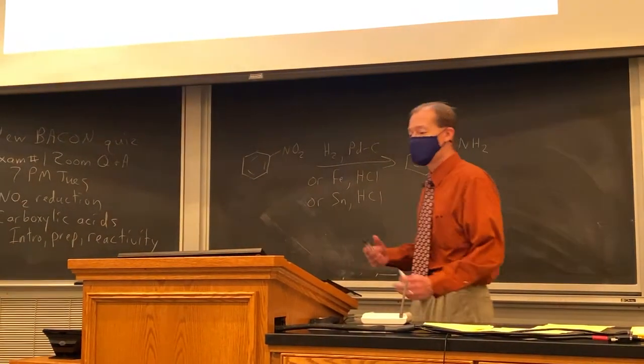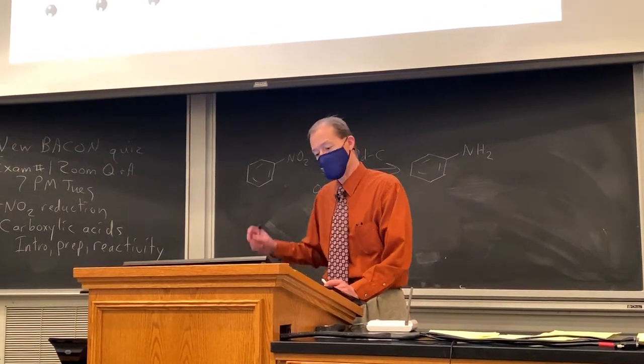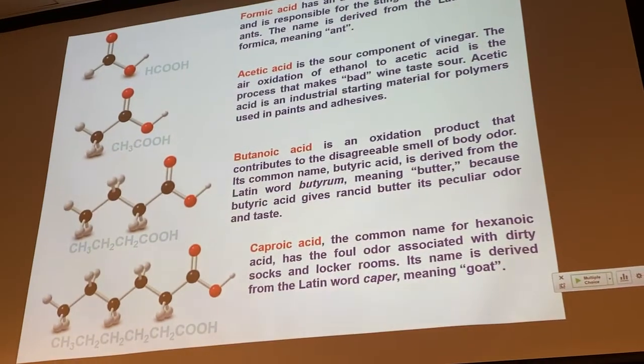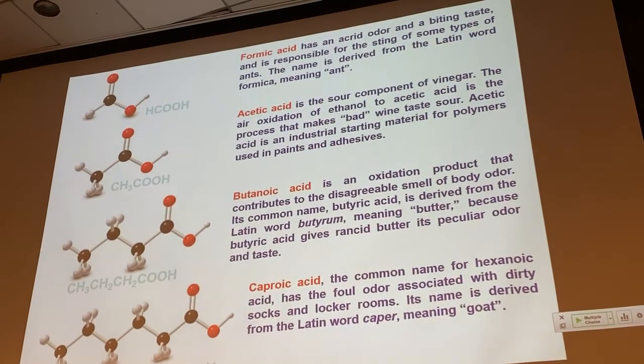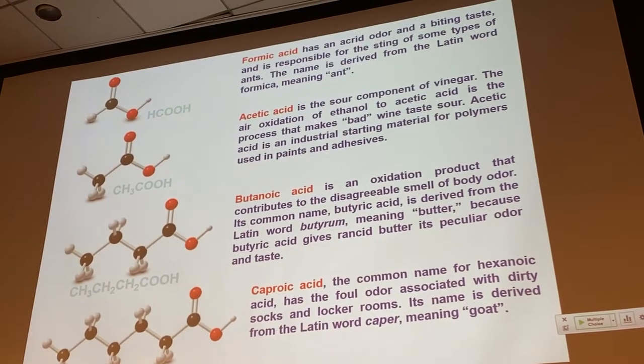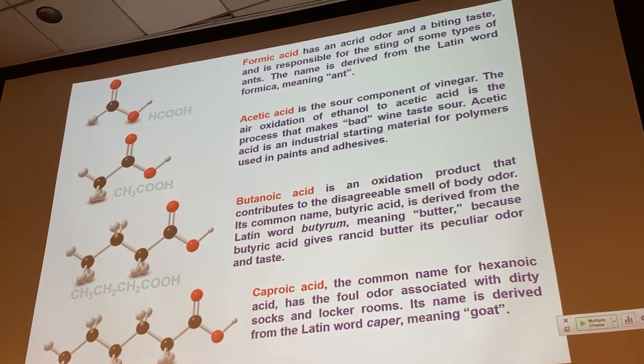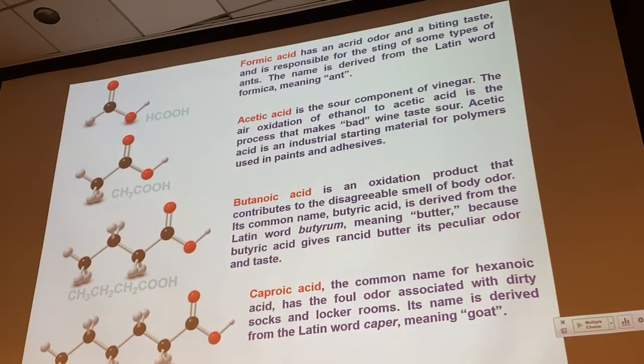All right, let's talk about interesting carboxylic acids. Here we have some common carboxylic acids. They have common names. Something else they have in common, if you look at the words on this slide: sour taste, bad taste, rancid butter, that doesn't sound very good. And terrible odors. We see things like dirty socks, locker rooms, body odor.